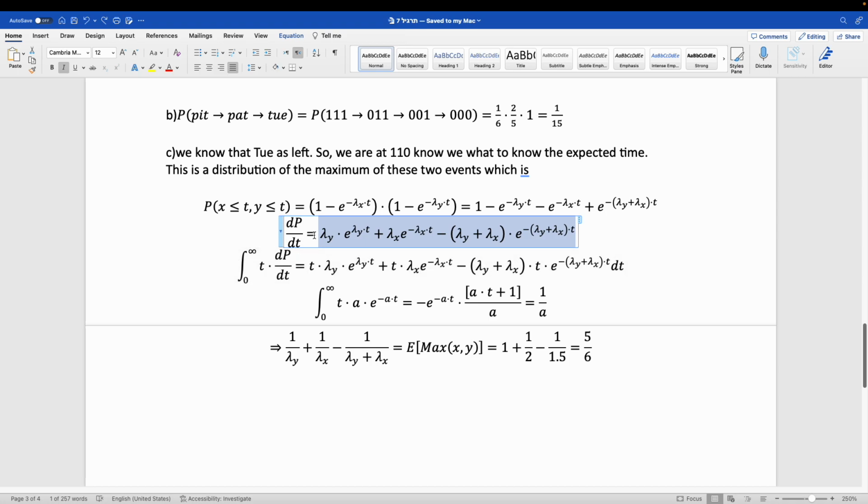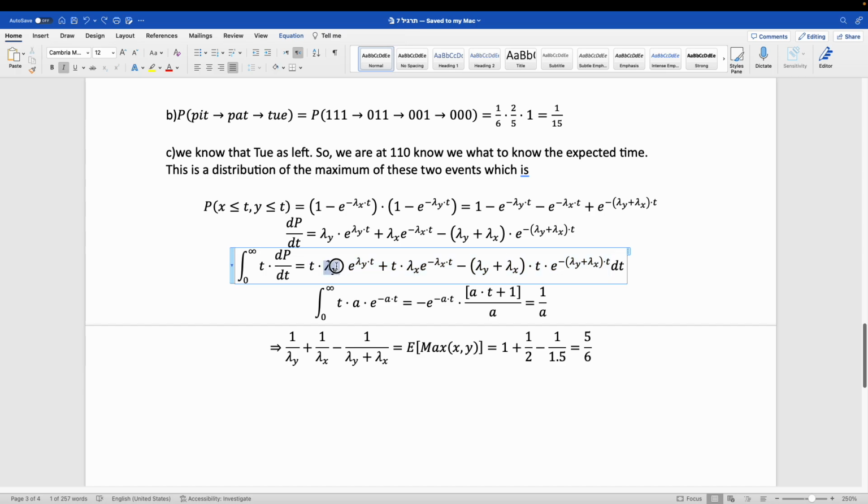So now when I look at each one of the sections, it looks really similar to an exponential random variable. So if we look at that, for the expected value, we'll have to do an integral from 0 to infinity of t multiplied by dp divided by dt, so the derivative, and I just write it, and then we can look at all the sections, they look really the same except for a constant.